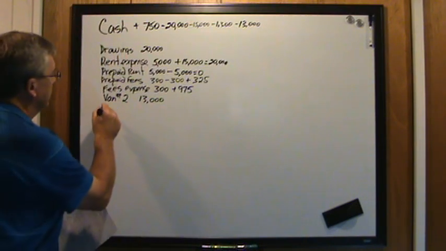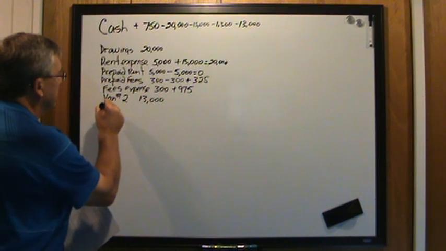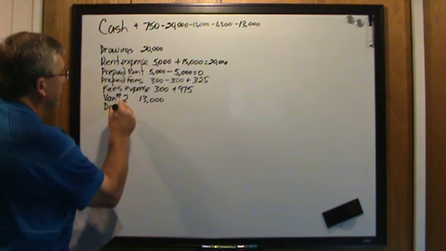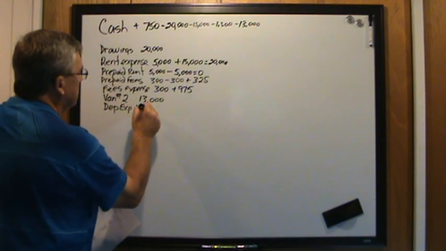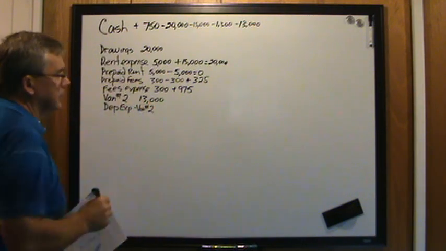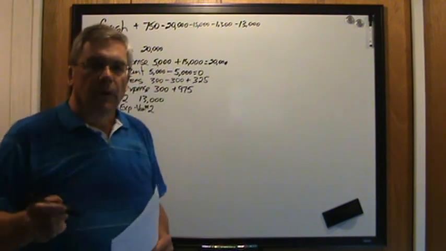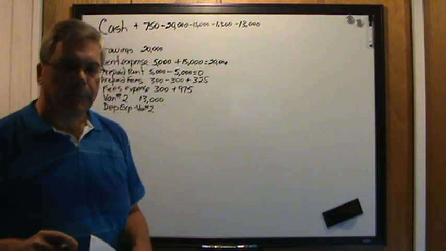And here's how we do that. We have depreciation expense for van number 2. Okay, now we're told in this question that they use straight line depreciation.